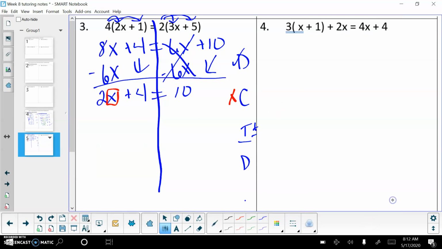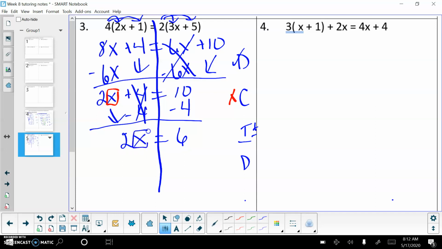Now the 4 is the one that's connected with the plus sign, so I'm going to move it first. And we're going to use the opposite. The opposite of plus is a minus. And so 4 minus 4 is 0. This is the same as when we used to take away that 4 cube. But then I got to take it away on the other side. So I have 10 minus 4 is 6. And I'm going to bring down this 2x.